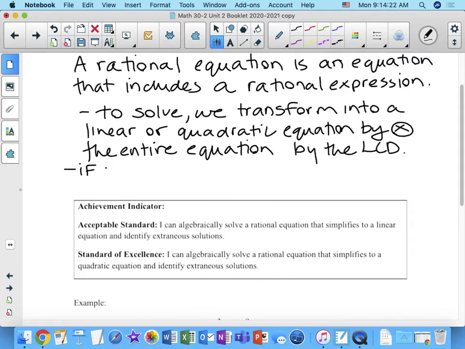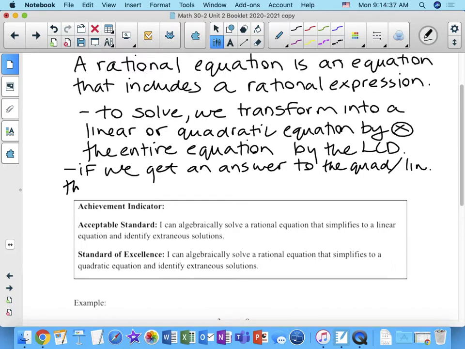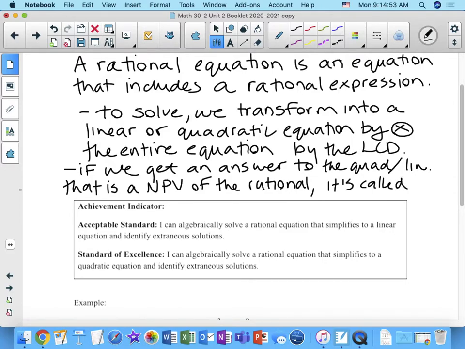If we get an answer to the quadratic or linear that is a non-permissible value of the rational, it's called extraneous.